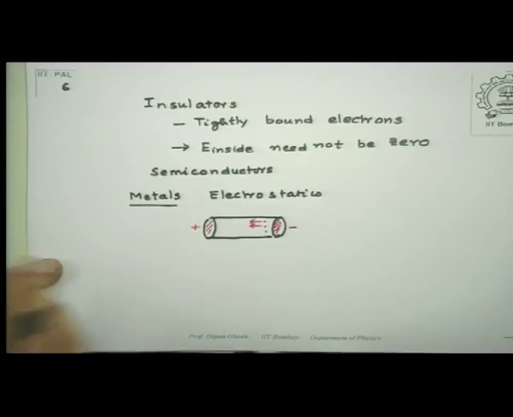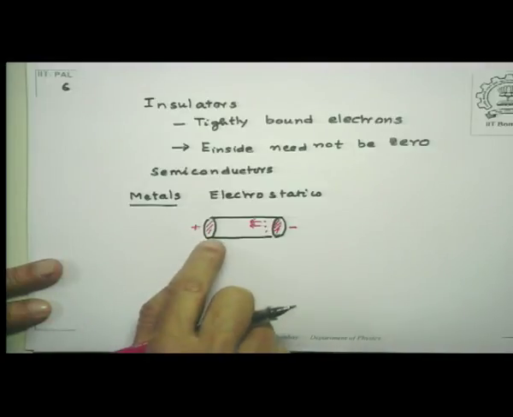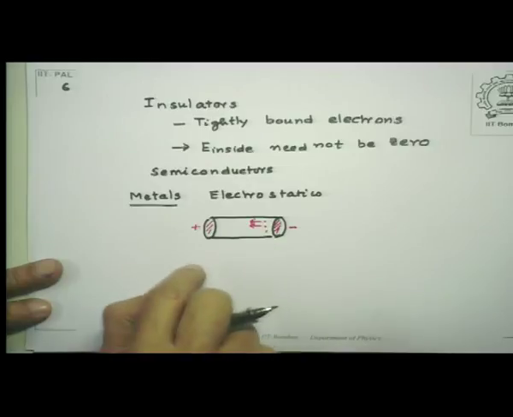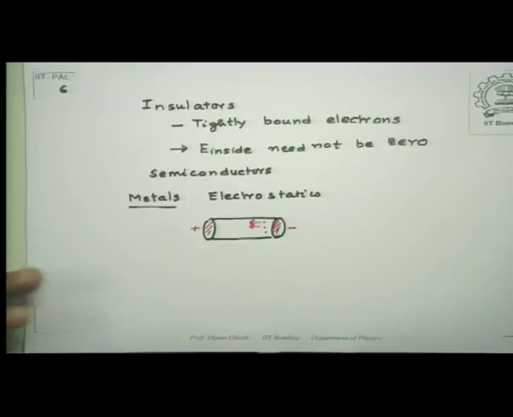Suppose I had a situation like this, but I did not have a static condition because I had applied an external electric field. So let us draw the external electric field and see what happens.